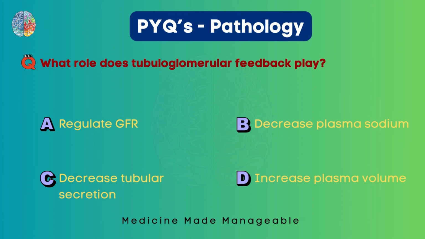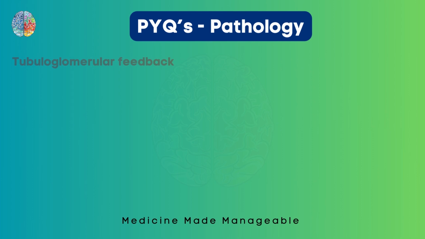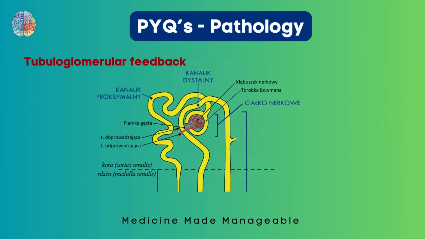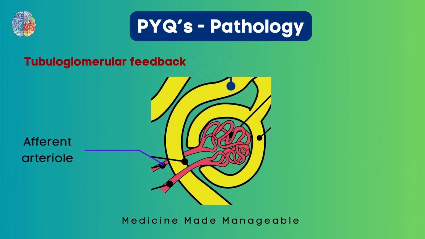Now, what role does tubulo-glomerular feedback play? Does it regulate GFR, decrease plasma sodium, decrease tubular secretion, or increase plasma volume? So let's understand what this feedback is exactly. So this is a nephron, and I'll zoom into this part so that we can see it more clearly. So here you can see the afferent arteriole, which brings the blood into the glomerulus, and you have the efferent, which takes the blood away.